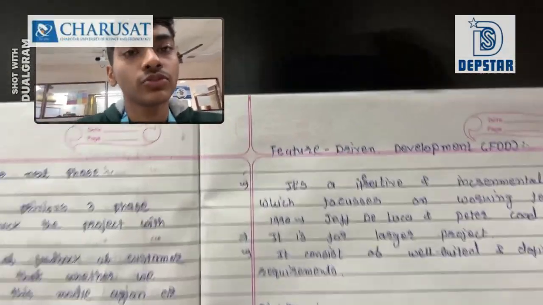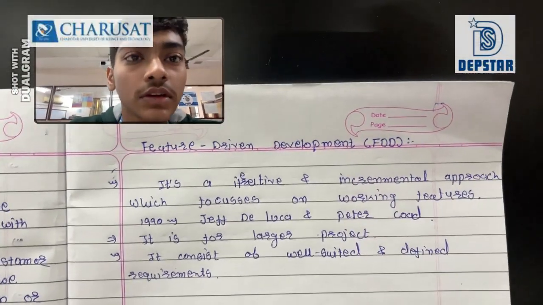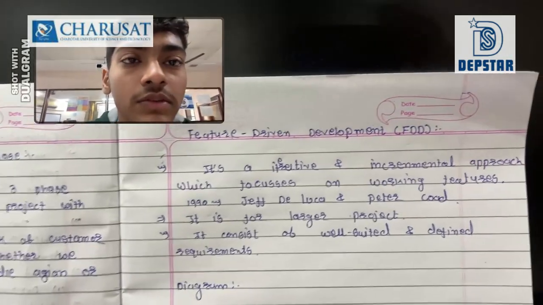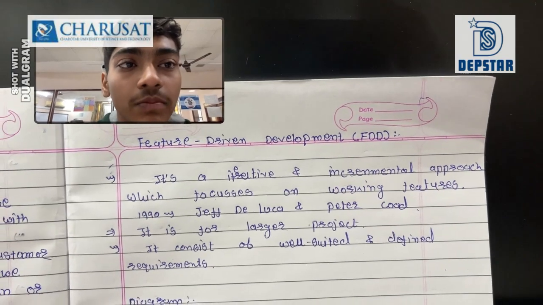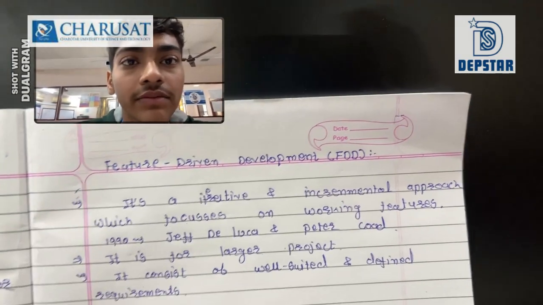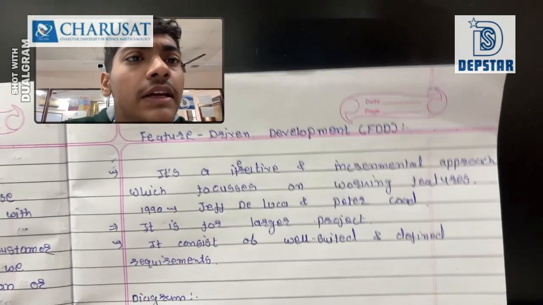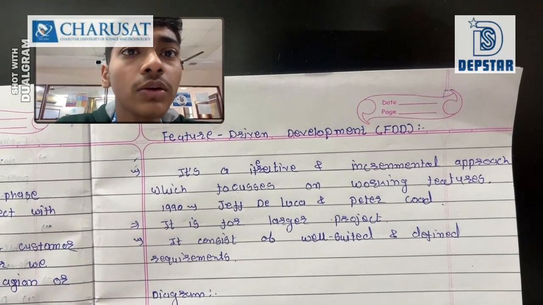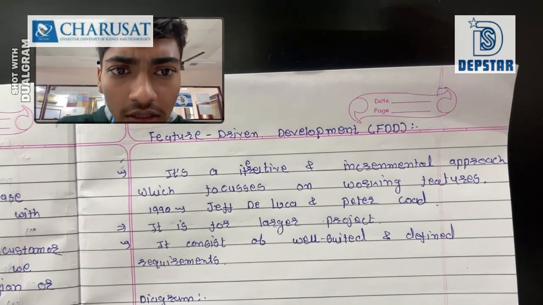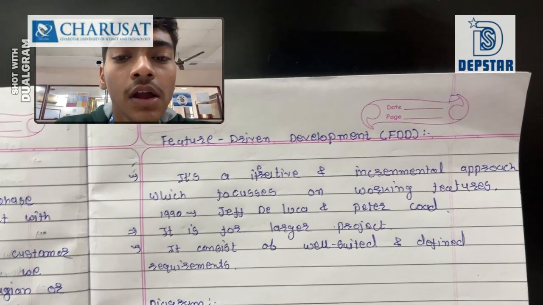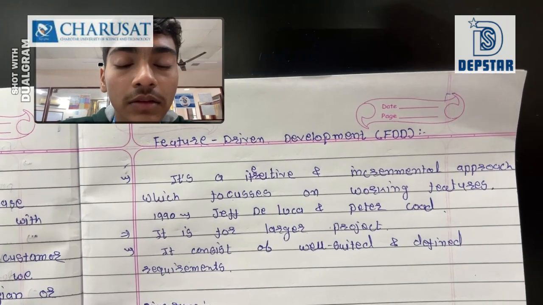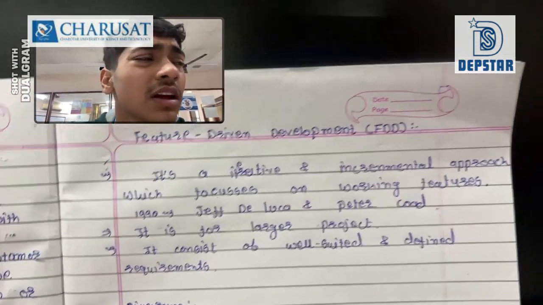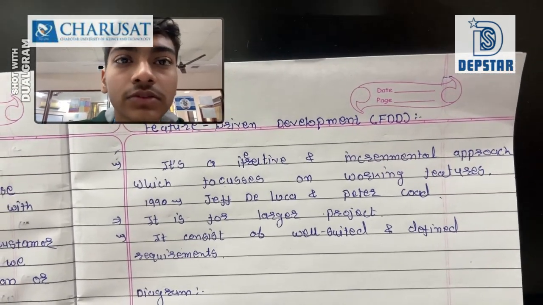Hello, my name is Kunsha, and my ID is 22DC111, and I am going to elaborate another model, which is called feature driven development, FDD for short. It is an iterative and incremental approach which focuses on working features, based on the requirements of our customers, meaning the features of a software project.